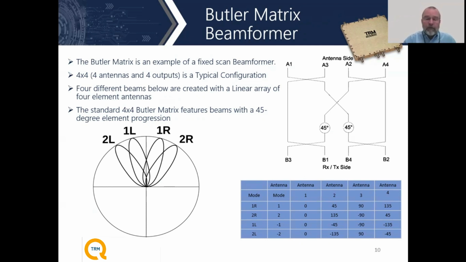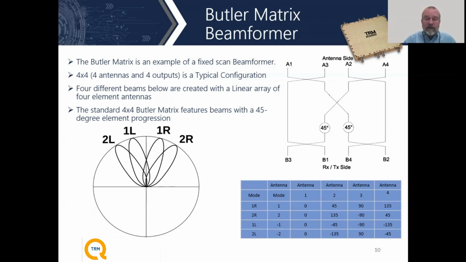Now, we also mentioned that the antenna array itself, which is where the scan beams actually end up, is very much dependent on the element spacing of the array. In the example drawn up here on these 4 beams, the antennas are relatively close to each other. I can tell that by the fact that the 4 beams are all looking pretty much not too far left or right of boresight.